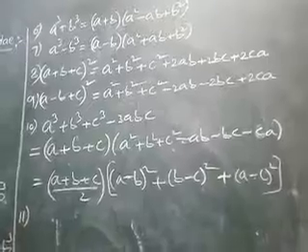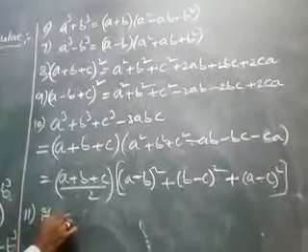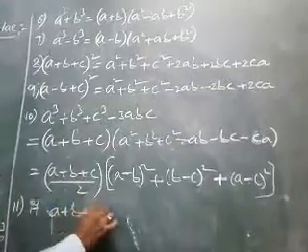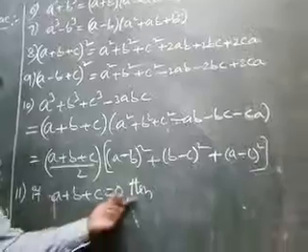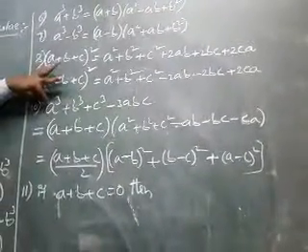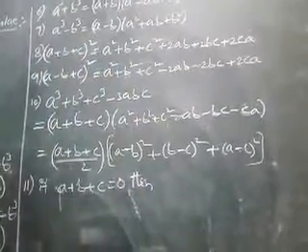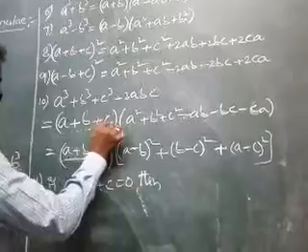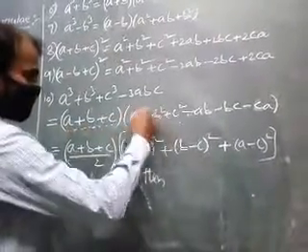Next, 11th one. Formula of condition: if a + b + c = 0, then, in the 10th formula, a³ + b³ + c³ − 3abc equals this one, where we have a + b + c. Replace a + b + c = 0 here; 0 into anything becomes 0.